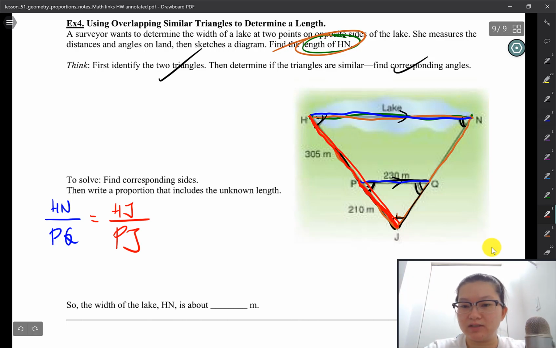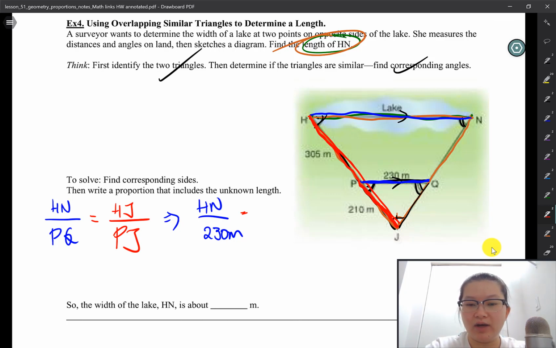So if we substitute in some values, we get HN, which we still don't know, over PQ, which is 230 meters, the smaller base side of this triangle. And that's going to be equal to the longer side, HJ, which is all the way from here to there. That's 305 meters plus 210 meters combined.